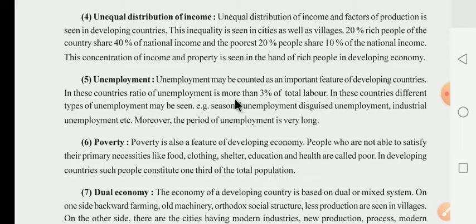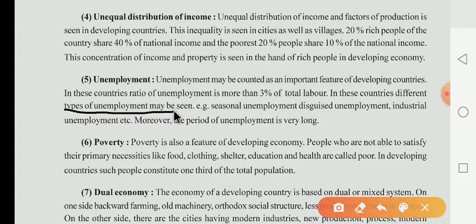Different types of unemployment may be seen here: seasonal unemployment, disguised unemployment, and industrial unemployment.